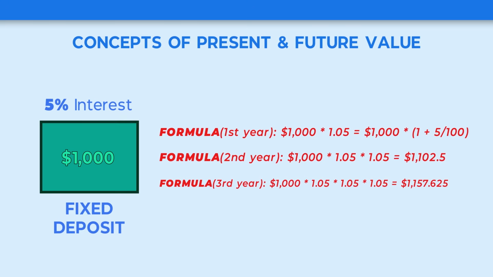That will give you a value of 1,157.625. So, the present value and future value are calculated by using an interest rate and a formula as I explained just now. Now let's look at it from the other way around.